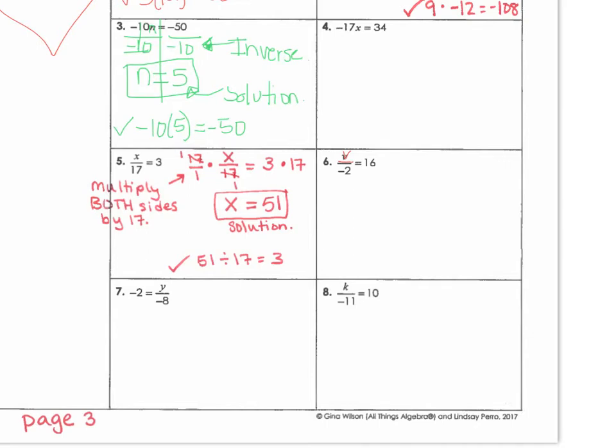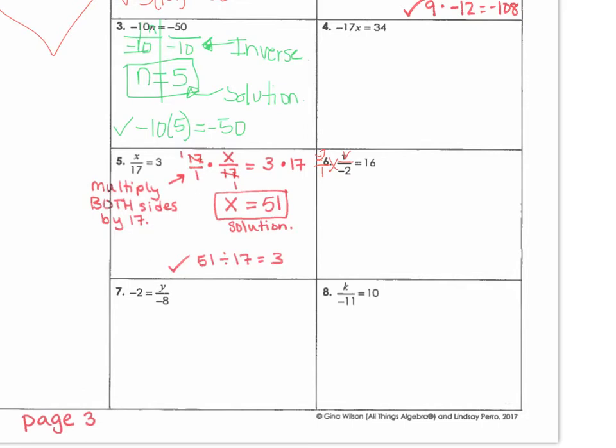What is the opposite of division? To multiply. Now this is going to freak some of you out, but bear with me. If I multiply by -2, I want to multiply by -2 over 1. Now here's my reasoning.